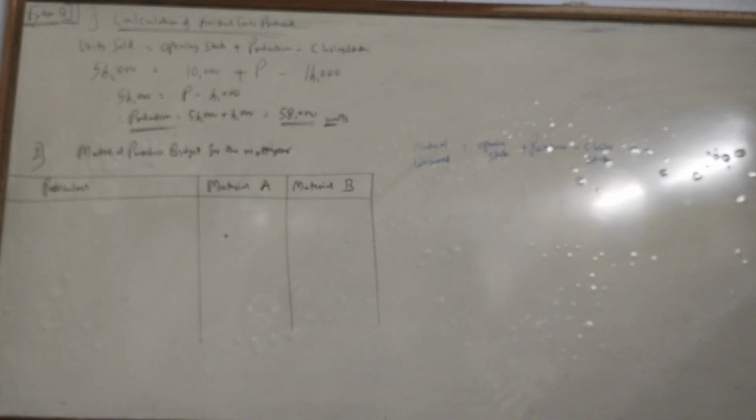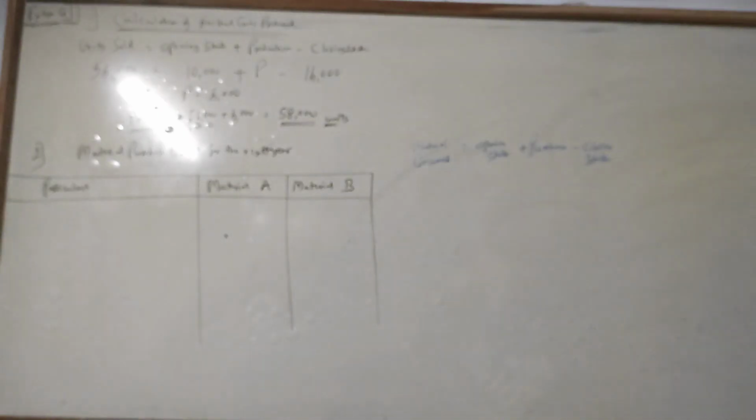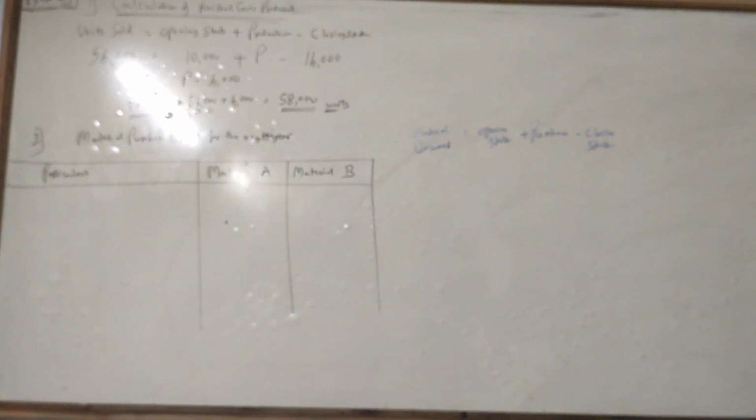So it becomes opening stock plus purchase minus closing stock.